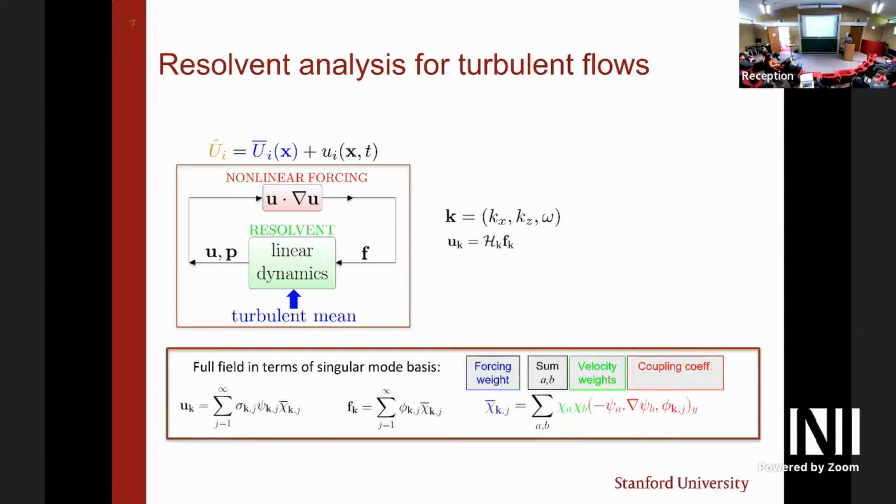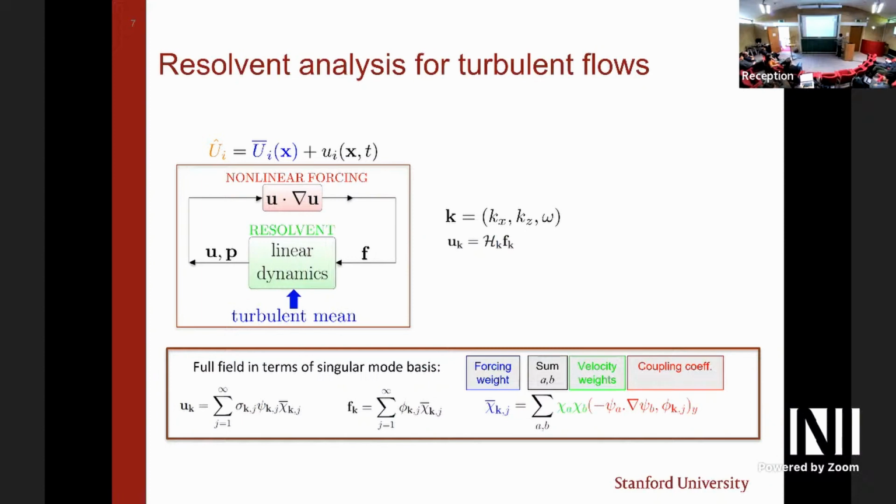One more, or two more, pieces of information. If I had a complete representation in terms of the modal basis coming out on the left-hand side of the linear dynamics, I could expand my velocity, or velocity and pressure field, in terms of that basis. I could expand my response field with a weighting, chi bar here, and also the forcing field.